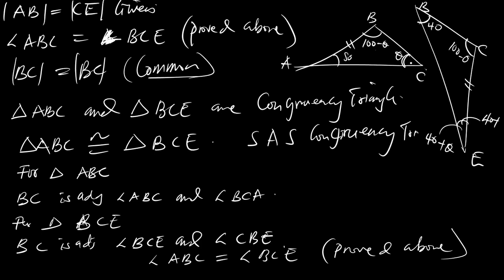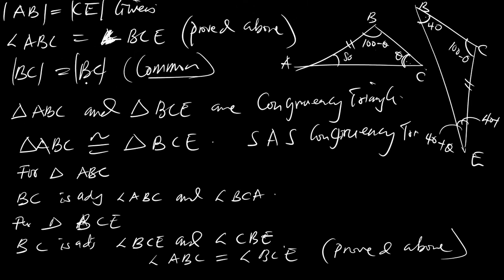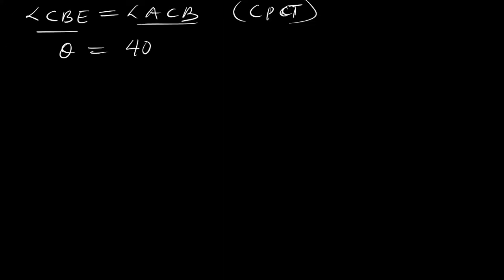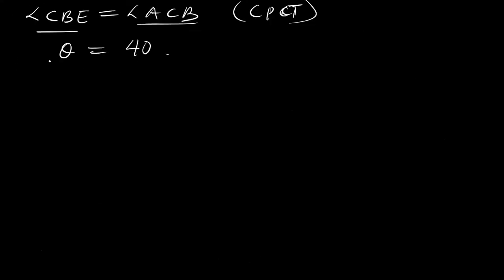Then this one is 40, so this one corresponds with this, meaning that theta is equal to what? 40. This is 40 equal to theta. So that means theta is equal to 40. That is it now.